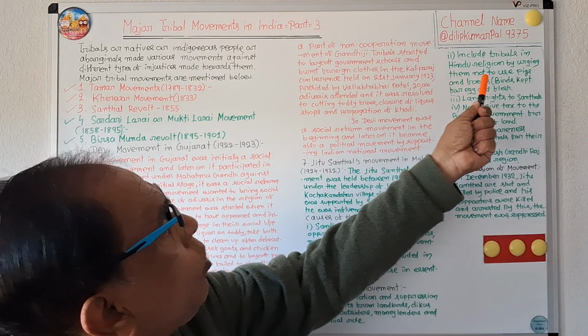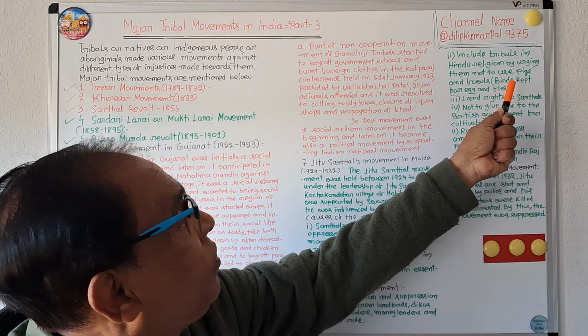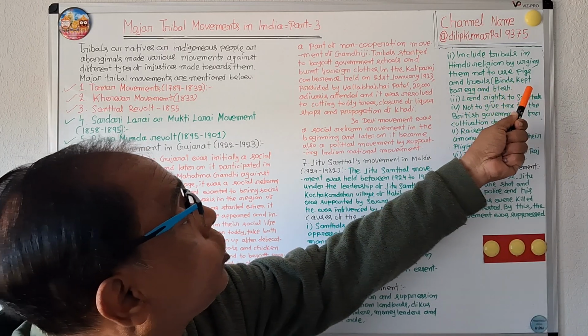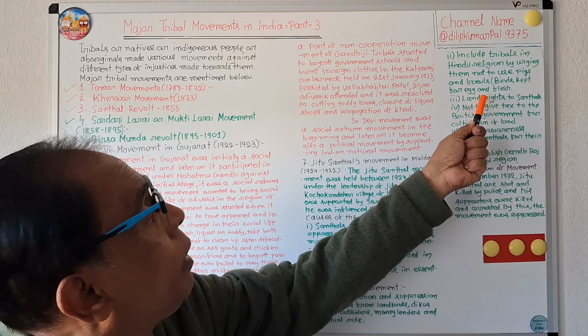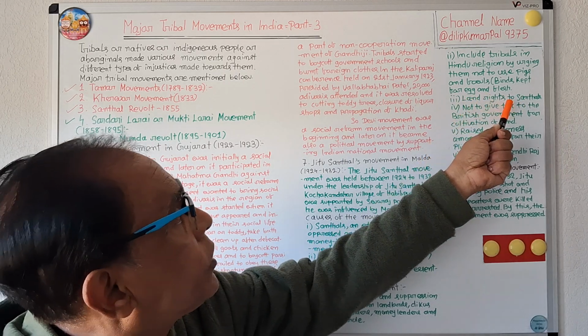Number two, include tribals in the Hindu religion by urging them not to use pigs and fowls, birds kept for egg and flesh.